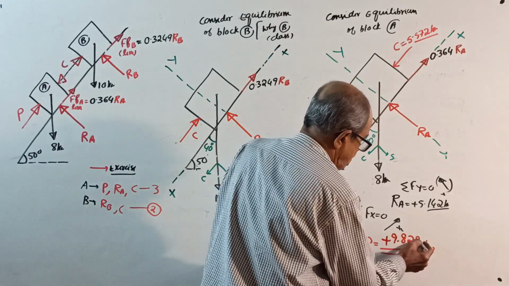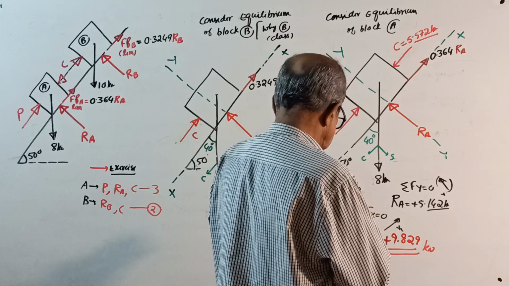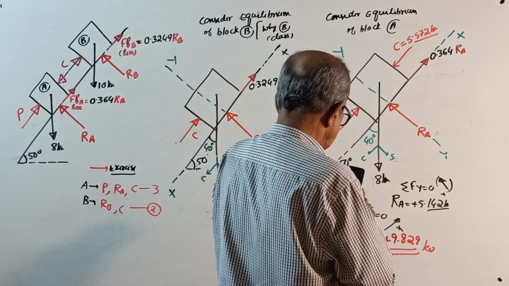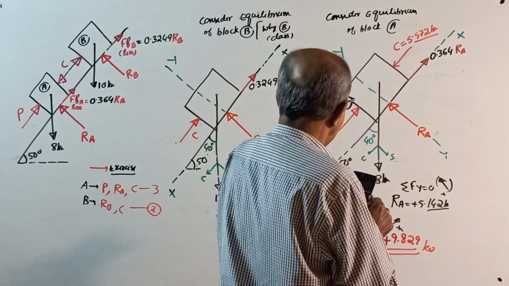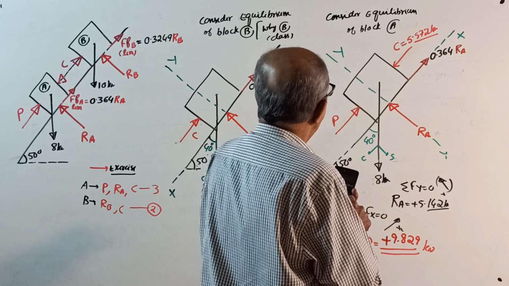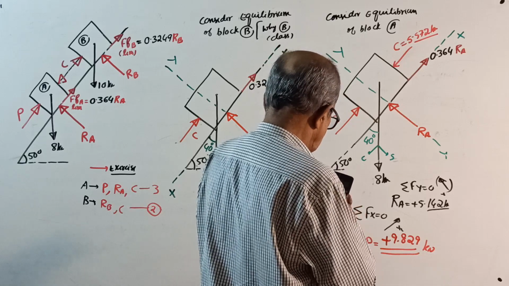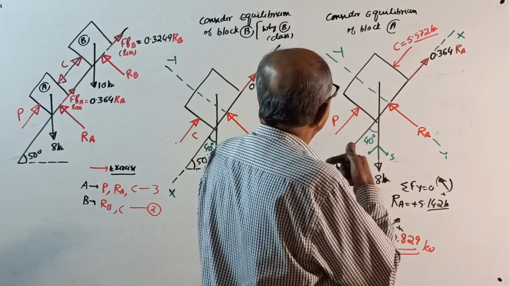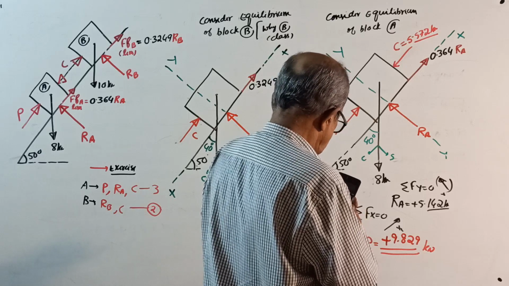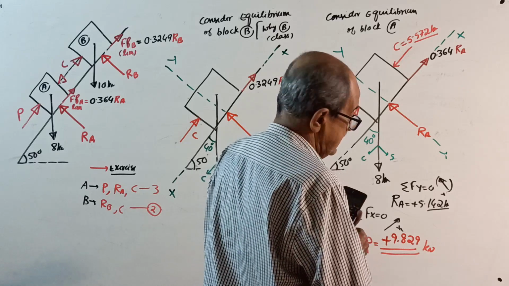I will check once again now. By chance, if it is wrong, you correct it. What is there? It is 8 into cos 40, then plus 5.572, subtract 0.364 into RA, which is 5.142. 5.572 plus 8 into cos 40, these are the addition forces, minus 0.364 into 5.142. 9.829.